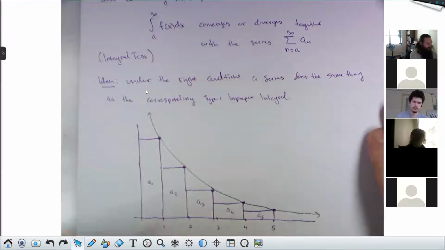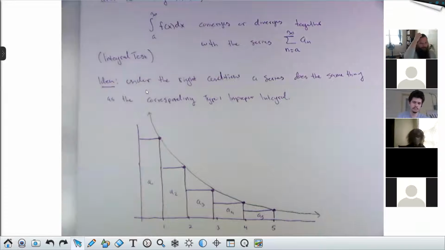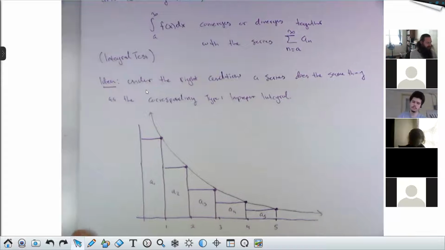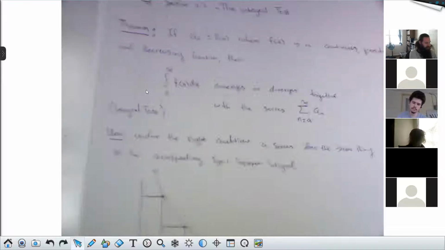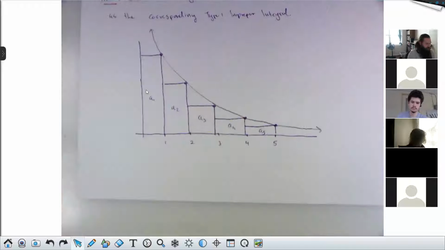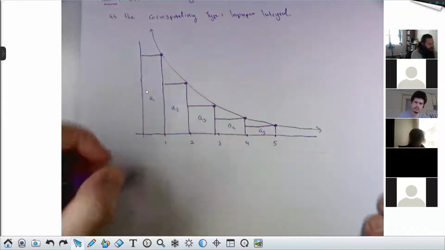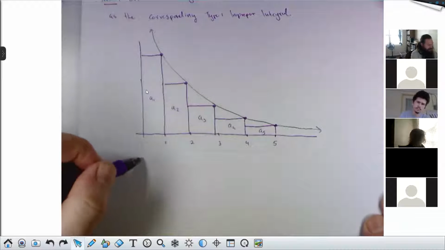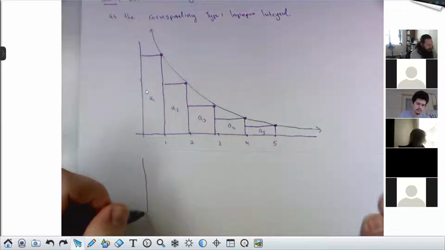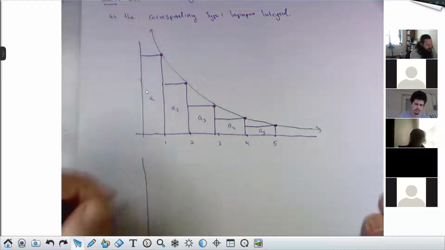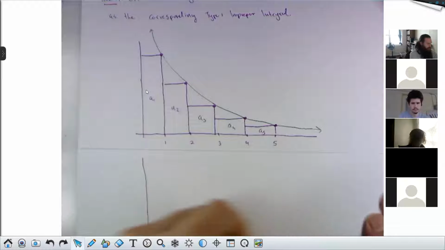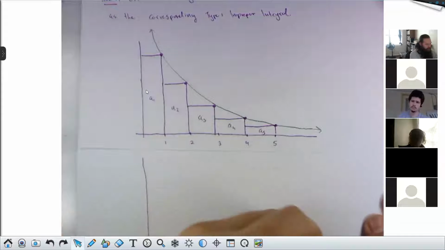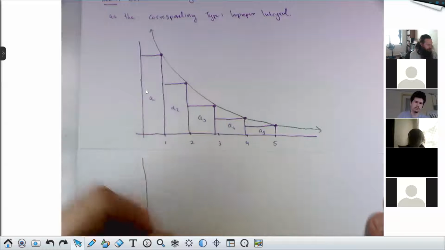So if the area under the curve is finite, then the area of the rectangles is finite. And if you shift things a little bit, it's best to redraw this picture. I'm going to look at what would now correspond to a left-hand Riemann sum with delta x equal to 1, rather than a right-hand Riemann sum with delta x equal to 1, which is really what we're looking at up there.